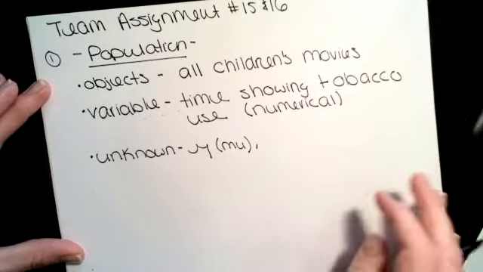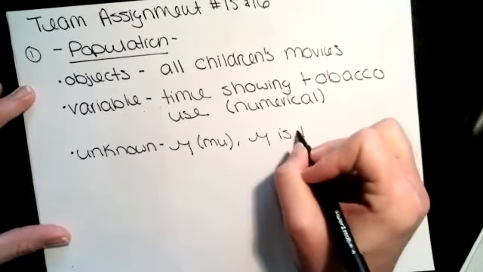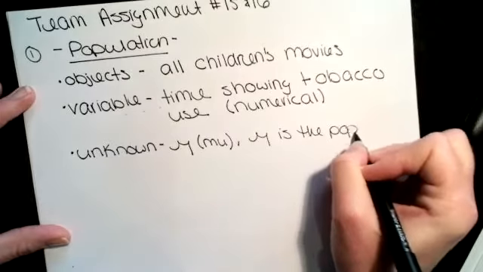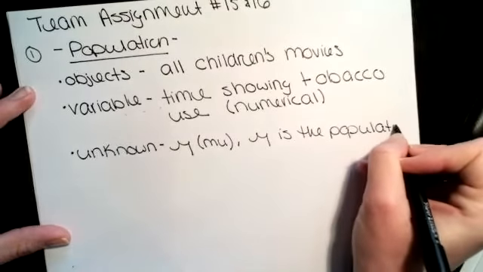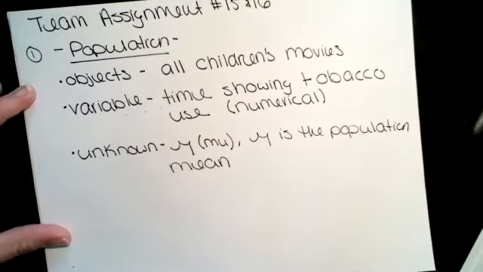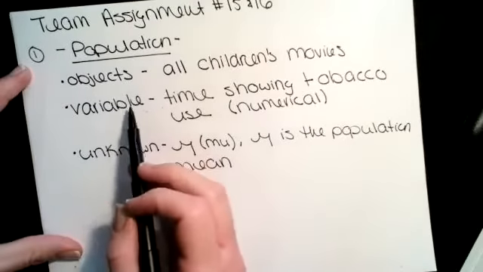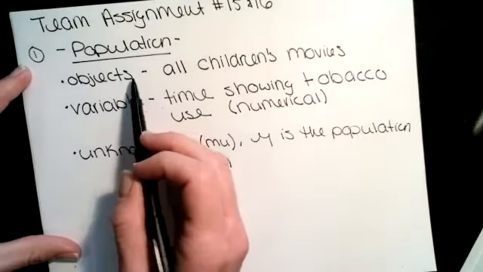Now I need to define mu. So I'm going to say mu is the population mean. I always start it that way. Mu is the population mean. And now I'm going to add the context of the problem, so what the problem's about and who. The what is my variable, the who is my object.